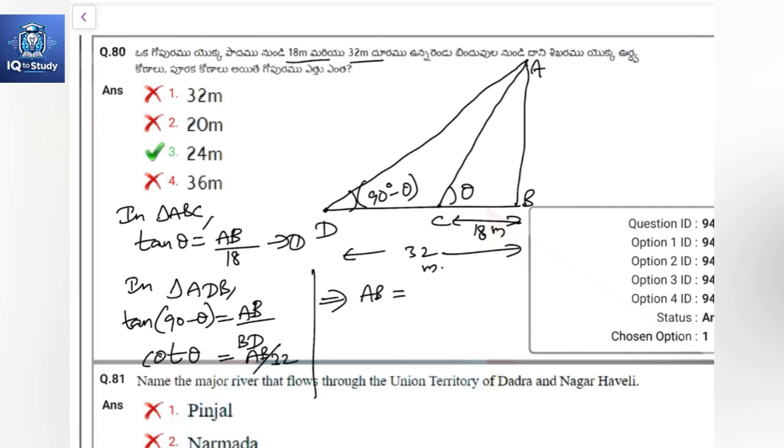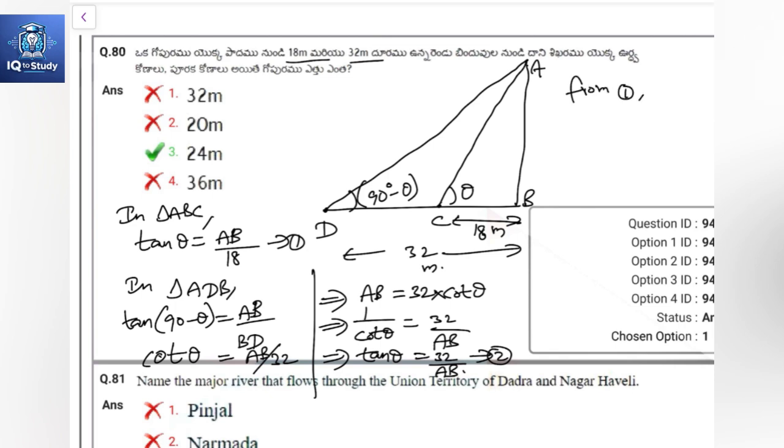AB is equal to 32 into cot theta, so 1 by cot theta, which is tan theta, is equal to 32 by AB. Let it be equation 2.